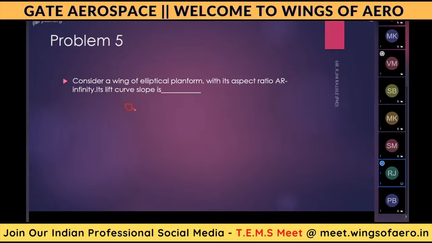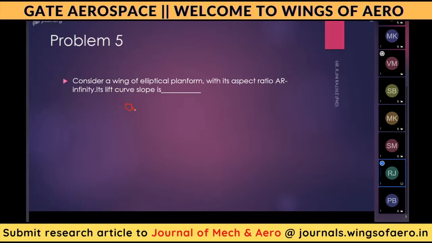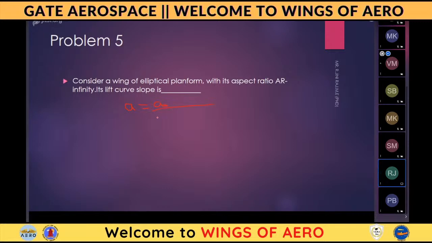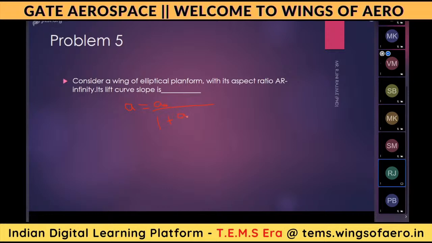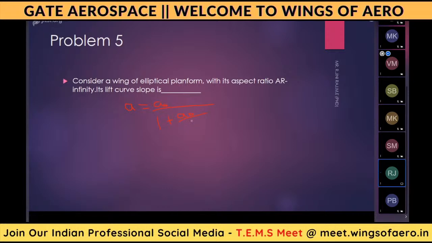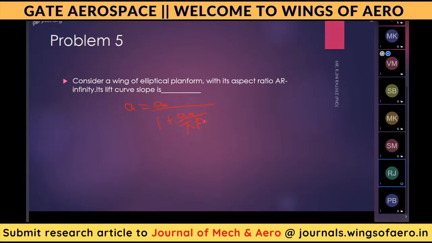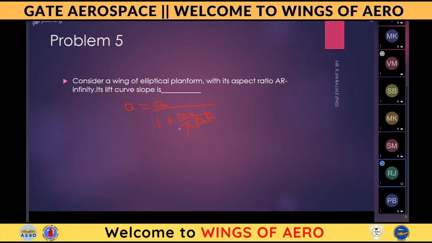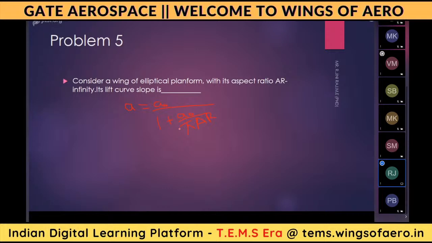The lift curve slope formula is A equal to A naught divided by 1 plus A naught divided by pi AR.